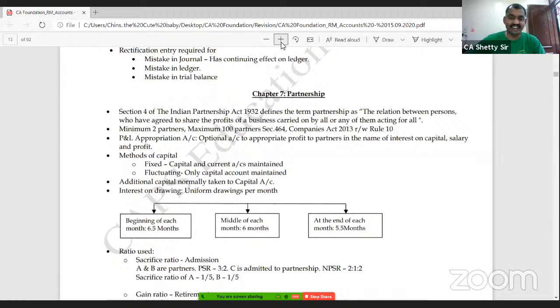So below that, you write what? Okay, so CA foundation syllabus. What you're discussing now is the CA foundation syllabus. CA foundation syllabus. Switch on the light. CA foundation syllabus.